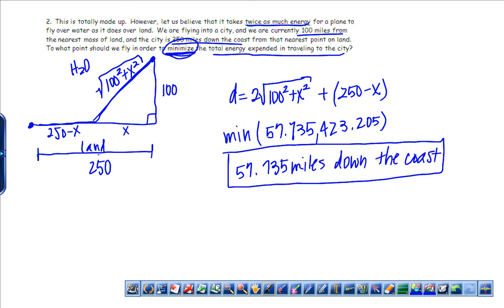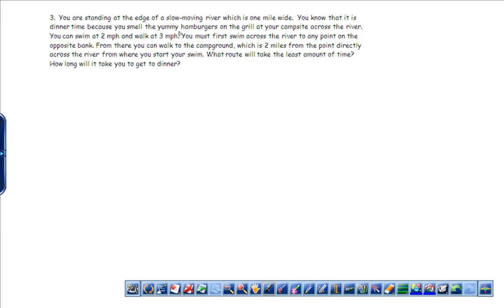All right, let's look at the very last problem. It says you are standing at the edge of a slow-moving river, which is 1 mile wide. You know that it is dinner time because you smell the yummy hamburgers on the grill at your campsite across the river. You can swim 2 miles an hour. You can walk 3 miles an hour.